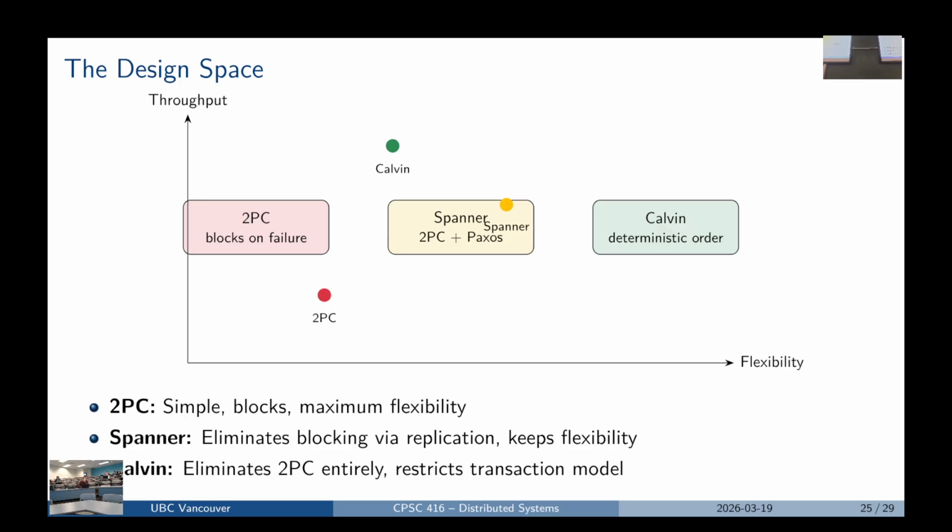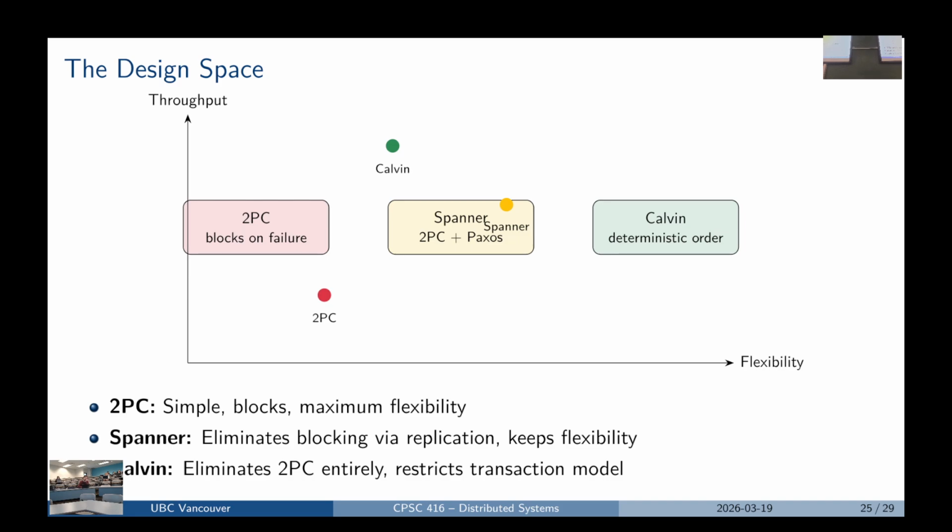So when we look at the design space of this, Spanner comes out somewhere here in the 2PC Paxos space. Calvin is somewhere up here. 2PC has this failure mode where the throughput is okay, the flexibility is okay, but it's not great.